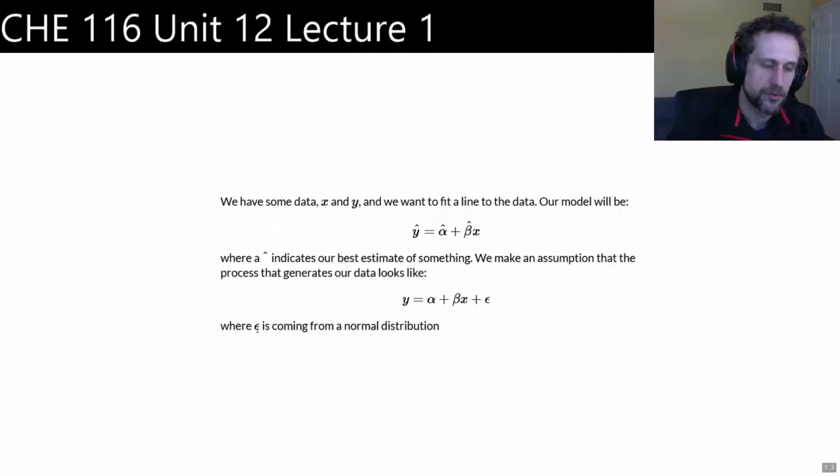And that assumption, remember, is valid because the central limit theorem tells us that in many natural processes, a bunch of noise terms, when added together, create a normal distribution. Okay? So here is our model equation. We believe that the y's are coming from alpha plus beta x plus some noise. And we will fit this equation here.